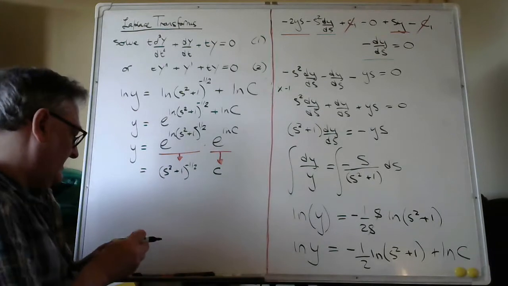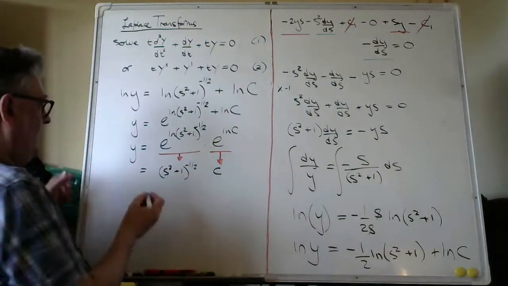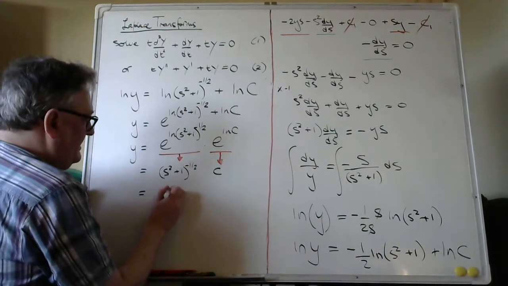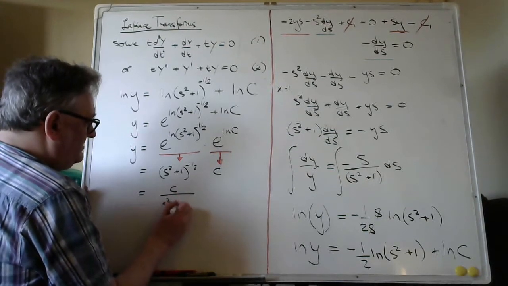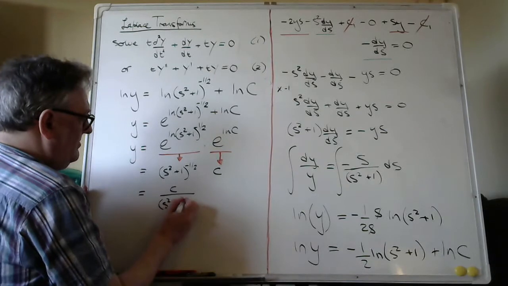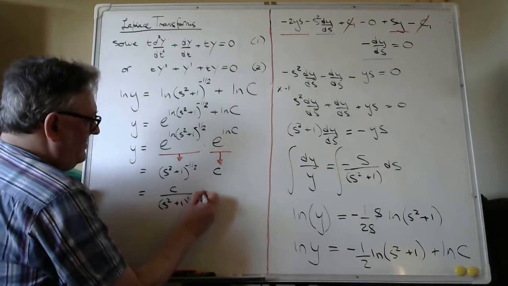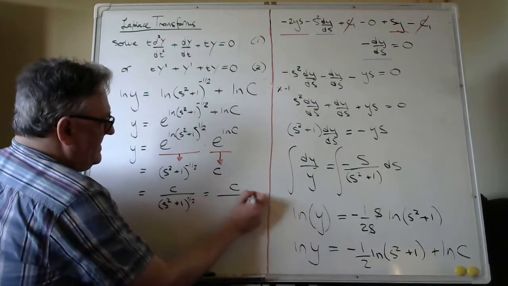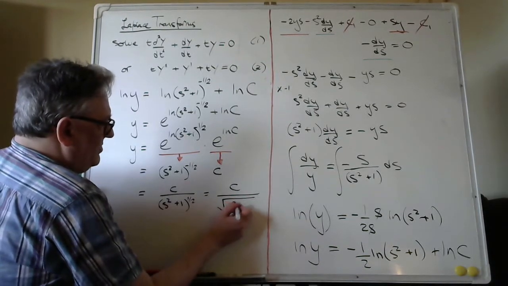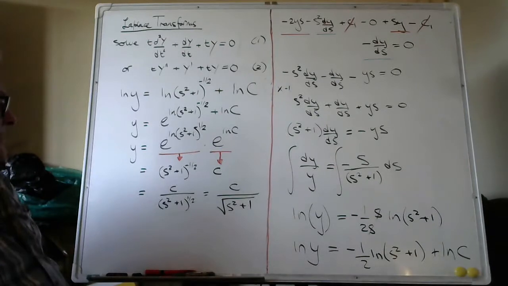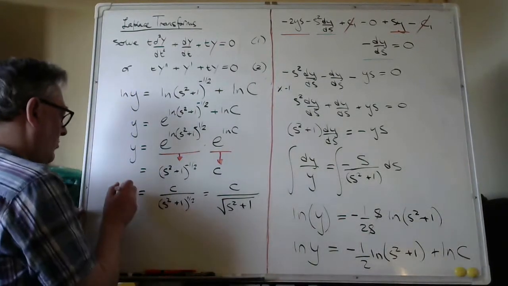So I hope that's not too much of a blunder. This can be written as c over s squared plus 1 to the power of a half, which is the same as writing c over the square root of s squared plus 1, right? Now, that's what y is equal to.